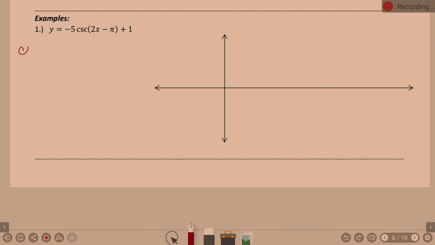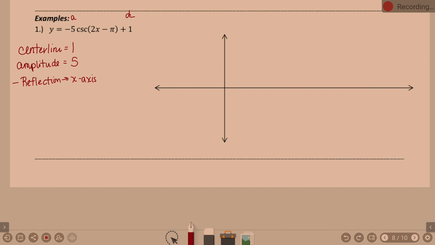Okay, I'm going to start off listing information. Center line is 1. It is the d value added or subtracted at the end. Amplitude, 5. It is the absolute value of the a value out front. Speaking of that a value out front, what else do we know? There's a negative out there, so that negative says that it is a reflection across the x-axis.